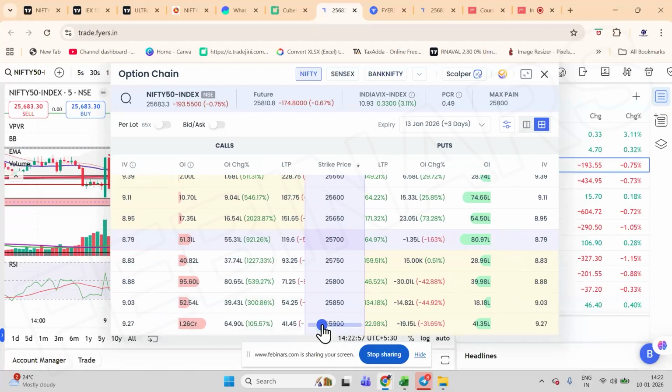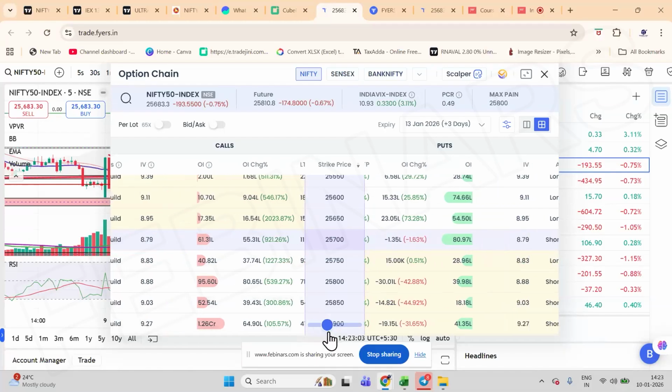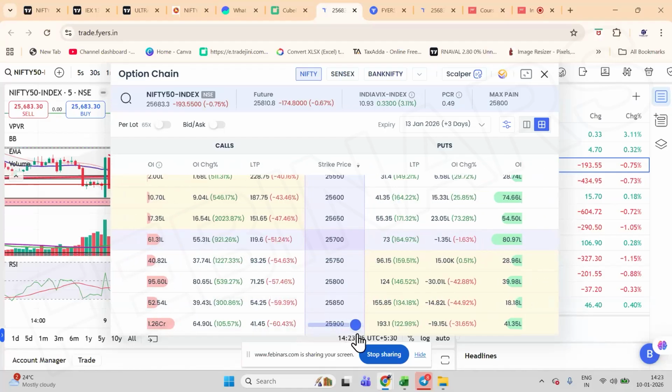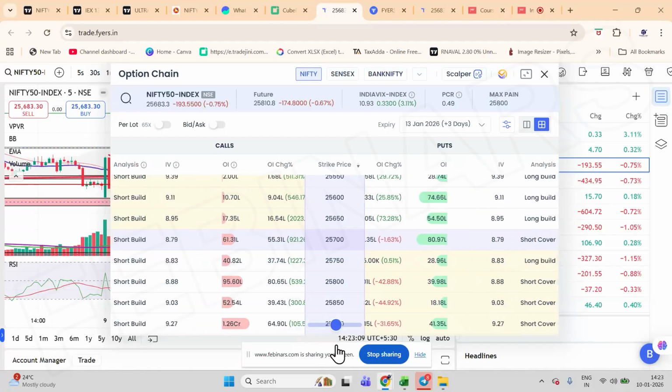See how we'll see it. Short build-up in the call side has been done. Short build-up is slowly increasing on the calls, up to 61.3 lakhs.